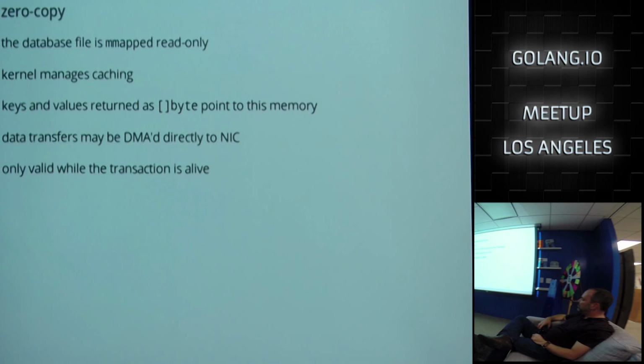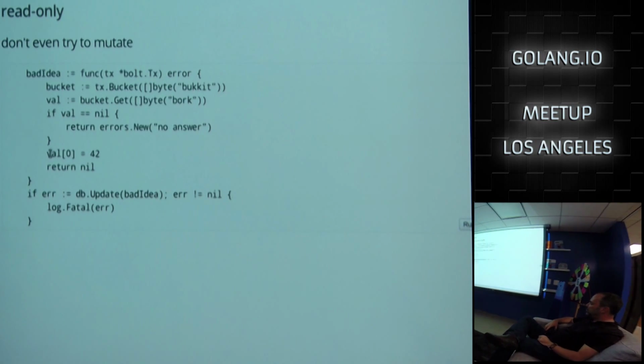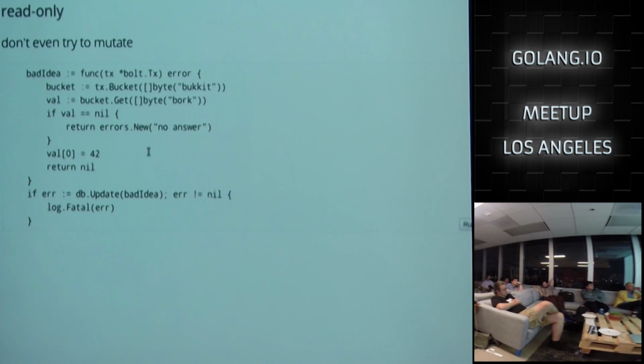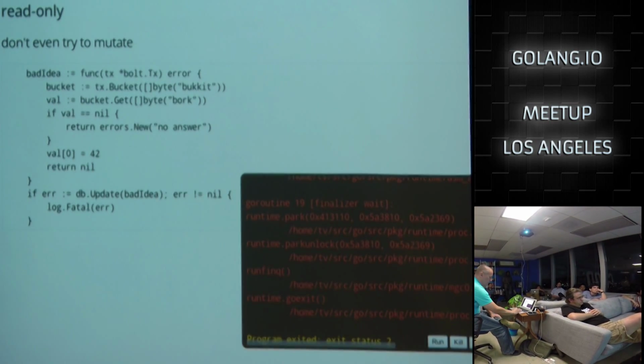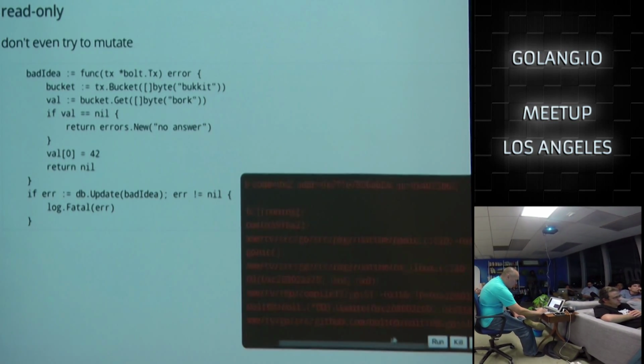So the memory map is read-only. What we have here is a get of a key, and we just try to mutate it a little. Let's just change the first byte. Just a little, not much. So what will happen is that it will crash.